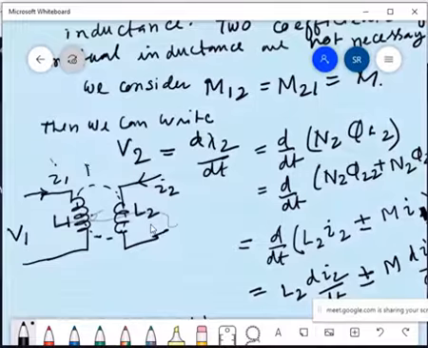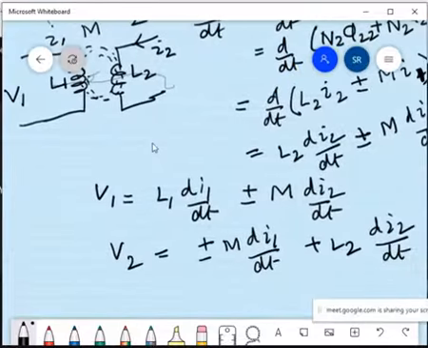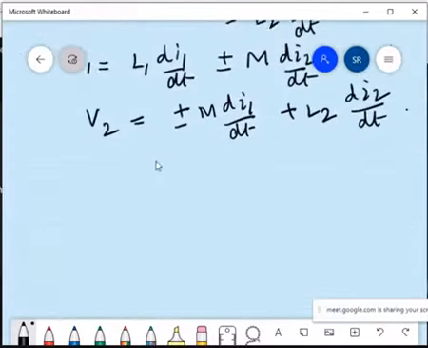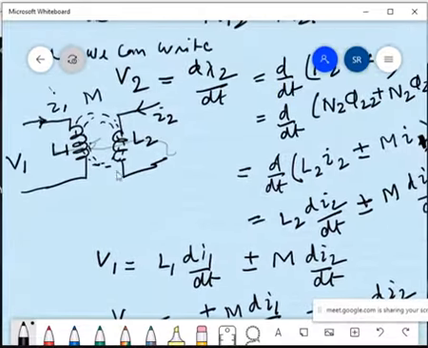This mutual inductance is denoted as M. So I can write V1 is equal to L1 di1 dt, that is the EMF induced due to current I1 in coil 1, plus the mutual inductance produced by current I2, plus minus M di2 dt.